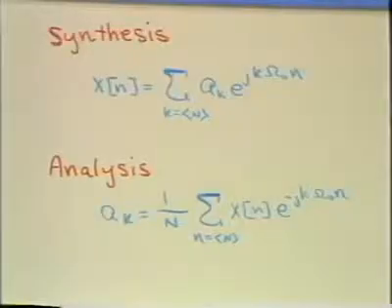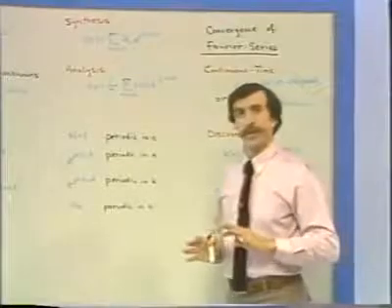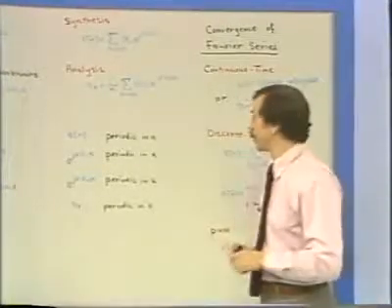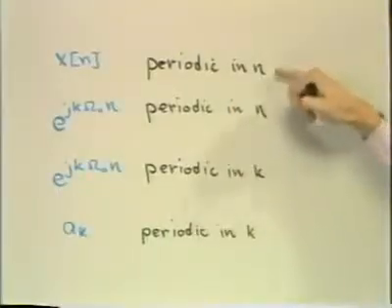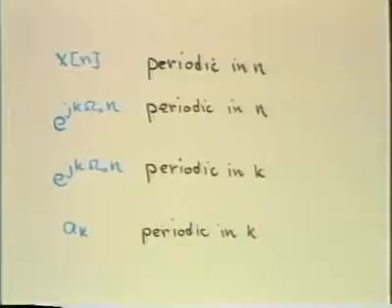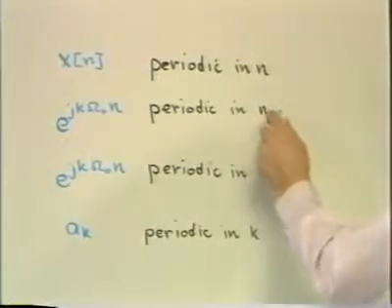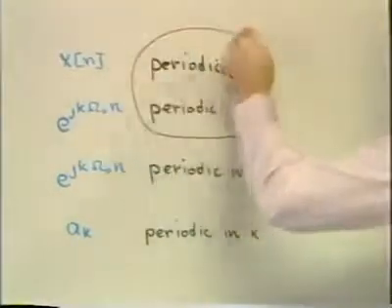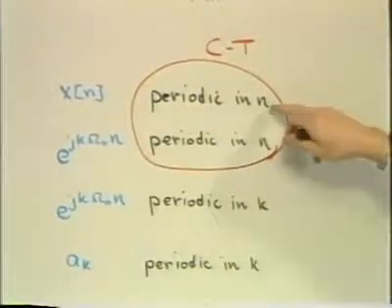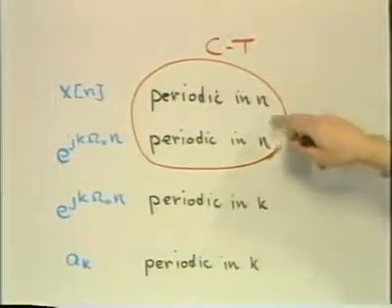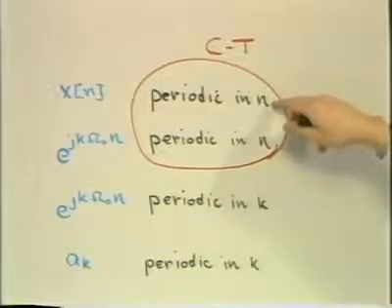So to underscore the difference between the continuous time and discrete time cases, we have this periodicity in the time domain, and that's a periodicity that is, of course, true in discrete time, and it's also true in continuous time if we replace the integer variable by the continuous time variable.